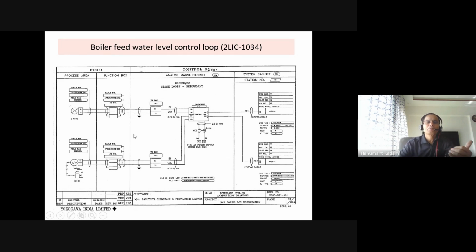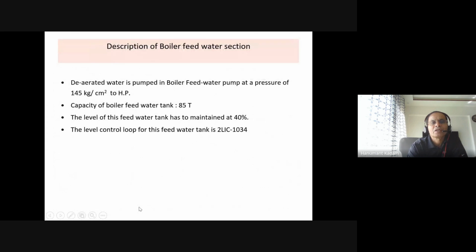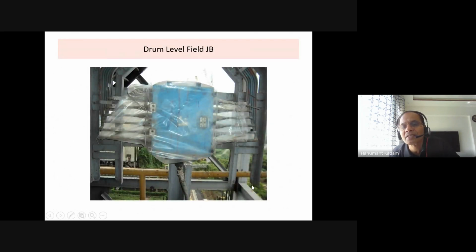So this cable is coming from which JB? For example, you can see here individual cables, and this one is a multi-pair cable. It carries the input and output signals inside the JB towards the control room side.